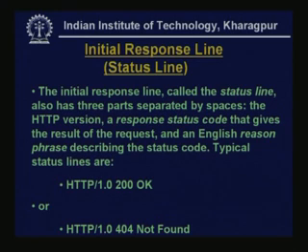HTTP/1.0 200 OK. That means that a request has been received and its response is that it's OK. 200 is the code for it, and it's OK. That means whatever has been requested would also be forthcoming. Or HTTP/1.0 404 Not Found.